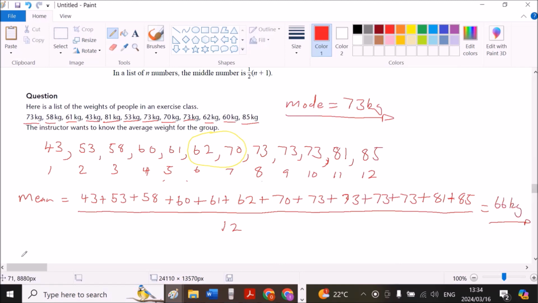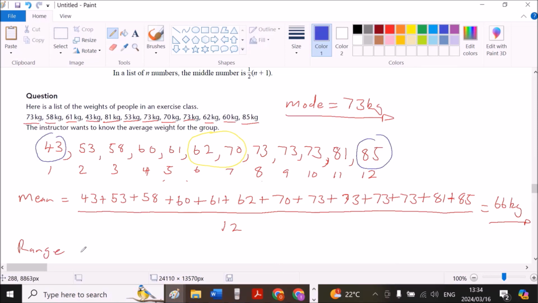It is our mean. For our range, we consider the greatest data value and the least data value. So we can say range is 85 minus 43, which is 42. So the data is spread over 42 kgs. And the mean is 66 kgs. The mode is 73 and the median we have calculated to be 66 kgs.